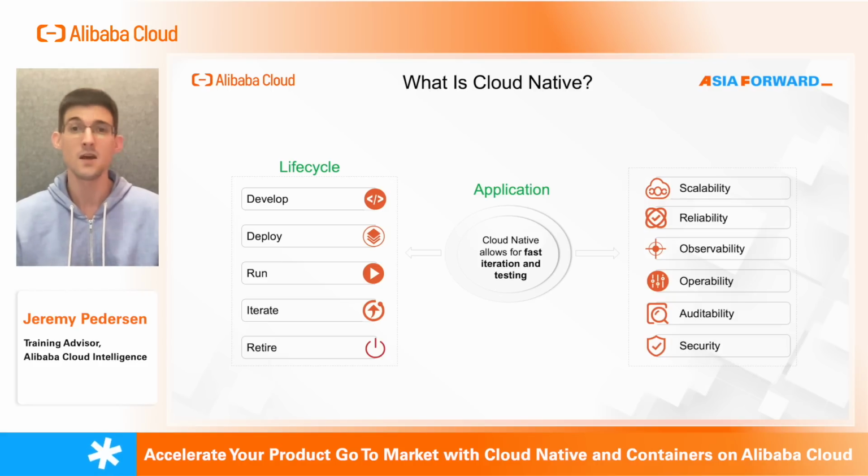The idea is building scalable applications in an automated way that's reliable with good built-in monitoring, good operational qualities. The application should be easy to maintain and update, and have good auditability. You should know who changed what and when, and you should have full logs for what the application is doing once it's deployed and running in production. Those are important parts of building an application in a cloud-native way.